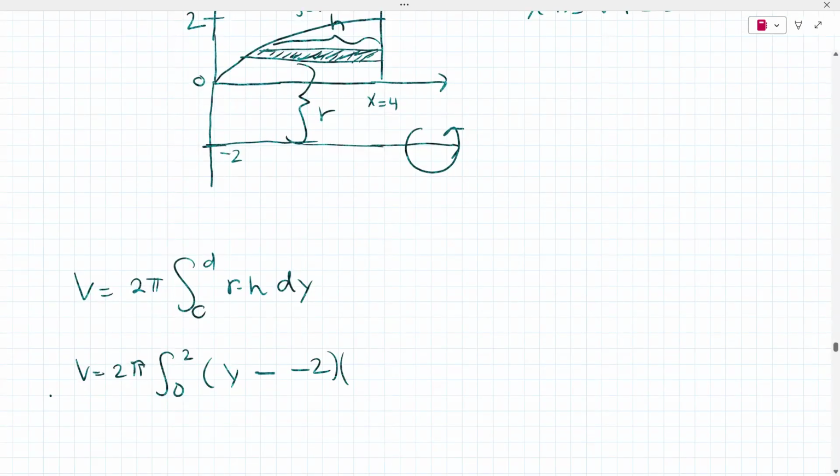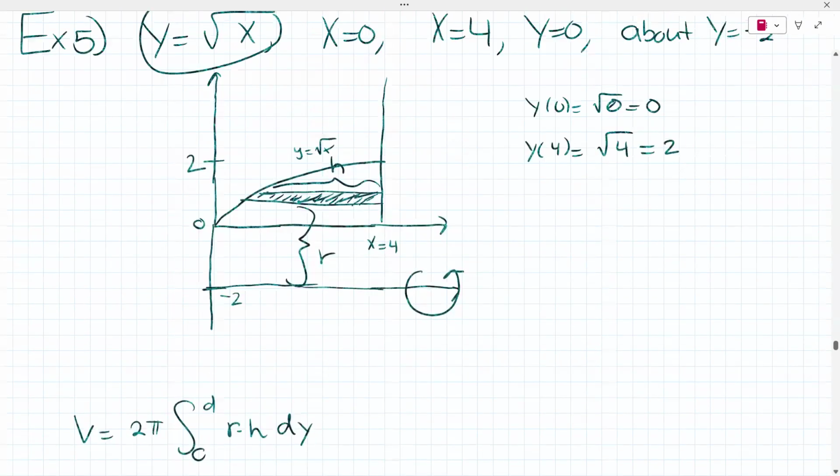And then what would be our height? For revolving around the line y equals -2, it's going to be top minus bottom. Be careful, we have to put it in terms of y. We have y equals square root of x, so I have to solve for x by squaring both sides.